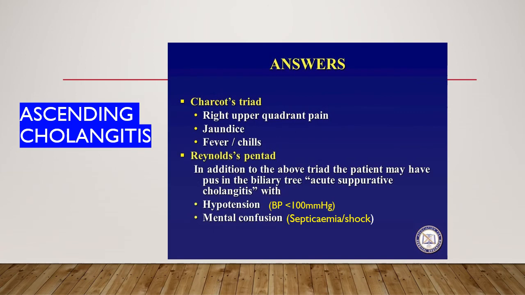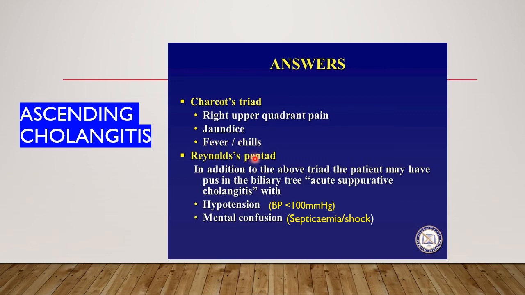Okay, now a few words about ascending cholangitis. Ascending cholangitis, classically, as I said, produces the Charcot triad. This is a patient not very severely infected, with right hypochondrial pain, jaundice, fever, and chills.